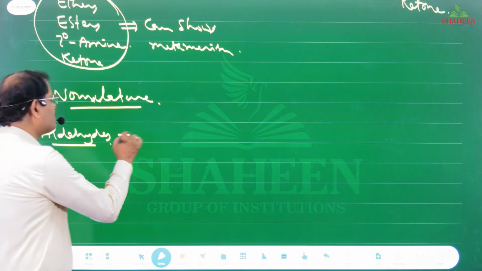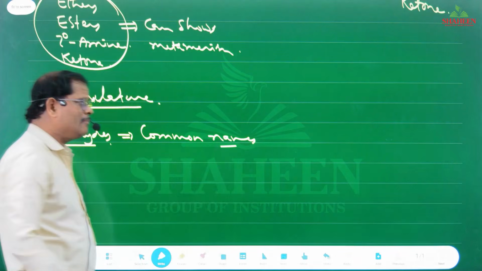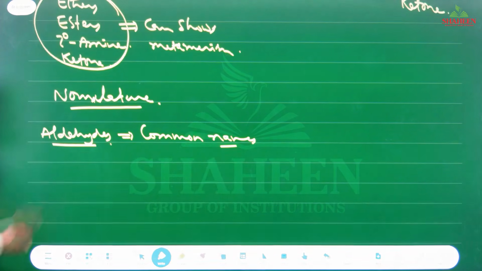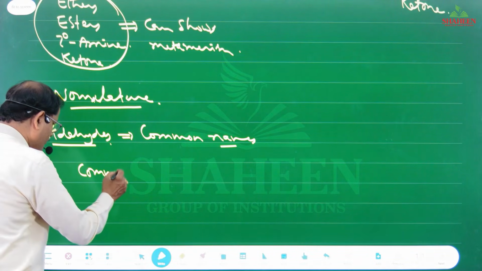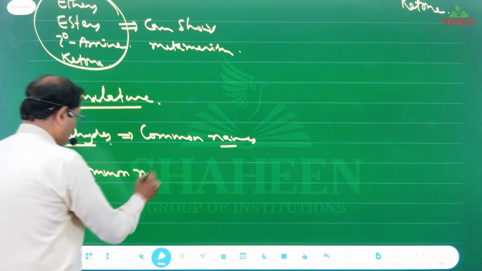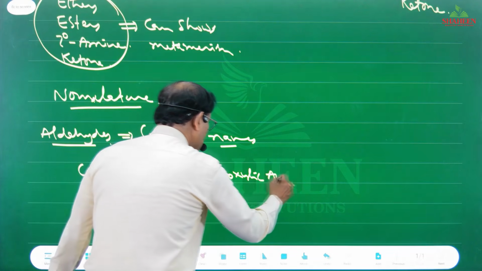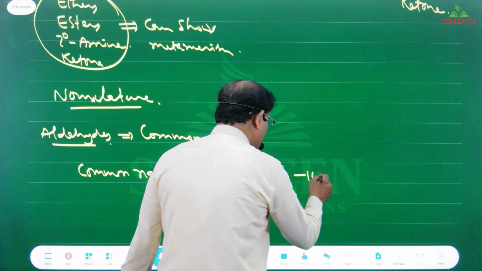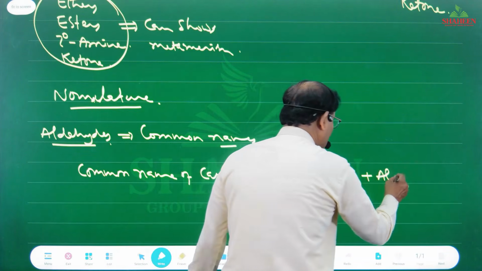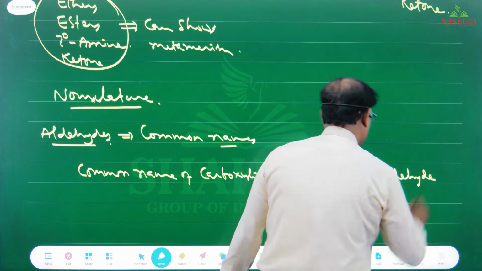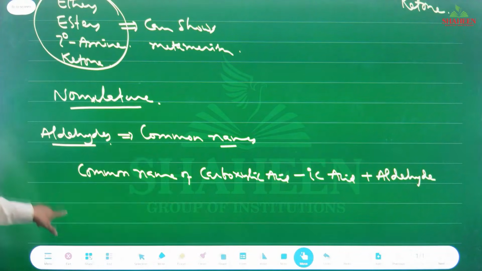In case of aldehydes, common names are formed from the common name of the carboxylic acid, minus ic acid, plus aldehyde. By adding aldehyde, we can go for the common names of the aldehydes.